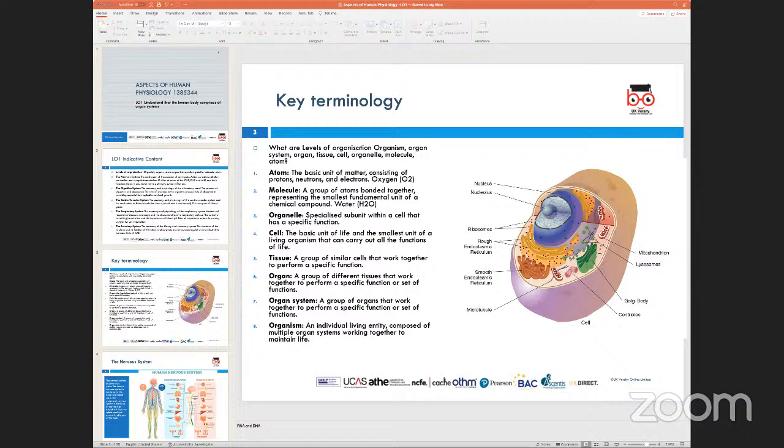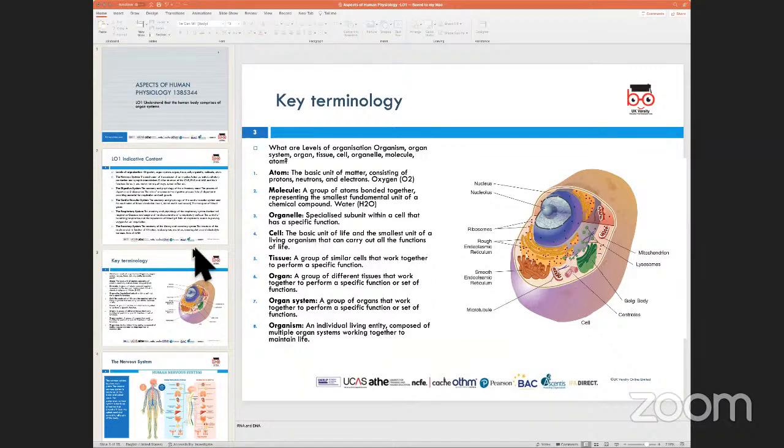This lining, which encapsulates the organ, is the epithelial tissue. So they still allow interactions between different organs to happen, but they keep it secure and form a protective layer around that organ.